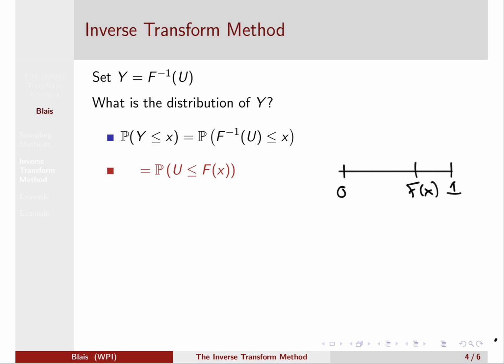Well, what's the probability that a uniform 0, 1 random variable is less than or equal to F of X? Well, that's nothing more than the length of this interval here, 0 to F of X.